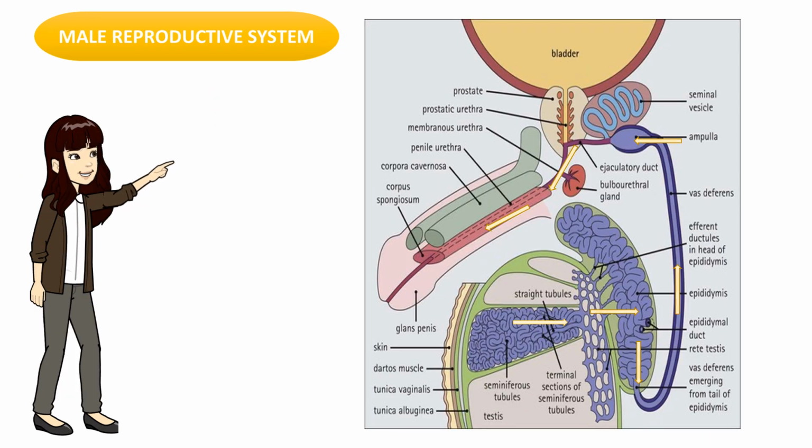Once sperms are manufactured, they need to be transported. Sperms present in the seminiferous tubules are given out to the rete testis. From the rete testis, they travel to the ducts of vasa efferentia. From vasa efferentia, immature sperms enter the epididymis.